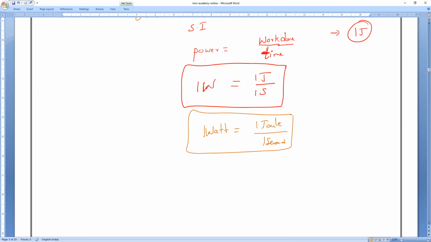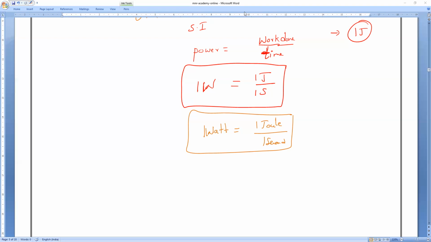If anybody does 1 joule of work done in 1 second, the power is 1 watt. That is what you have to remember.